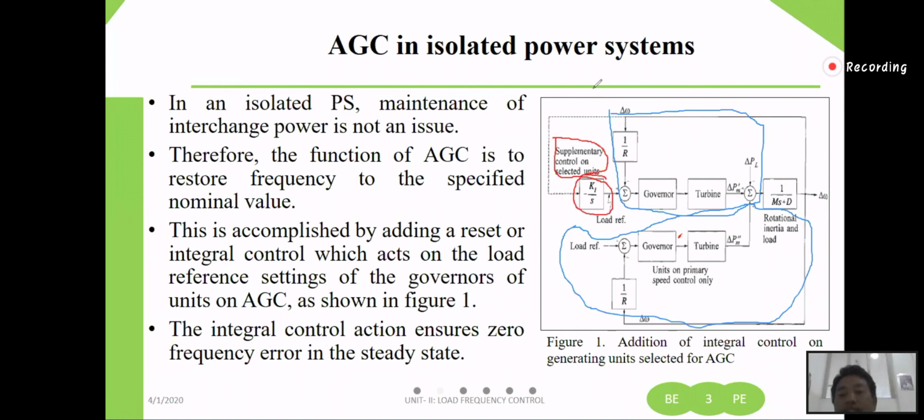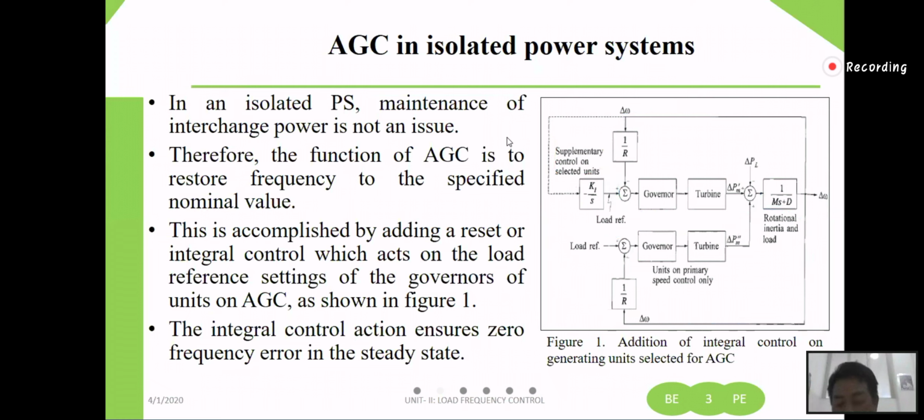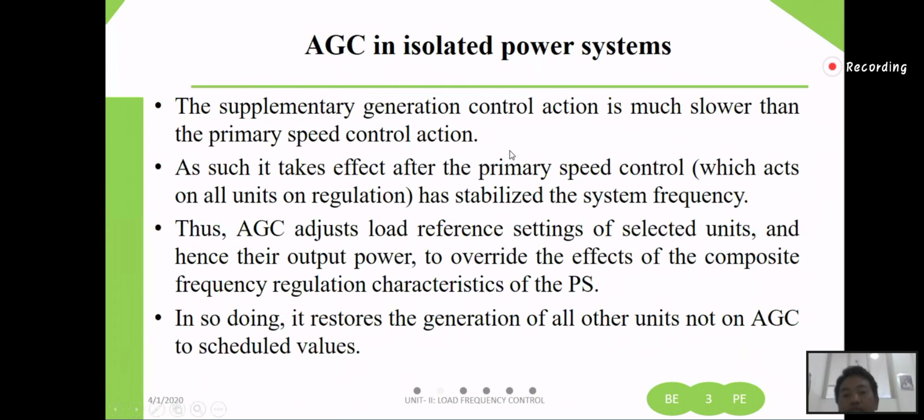Now one drawback of the AGC is that the supplementary generation control action is much slower than the primary speed control, which means first the primary speed control action, that is the speed governor, will be performed, and only then will this secondary generation control, or supplementary generation control action, perform.